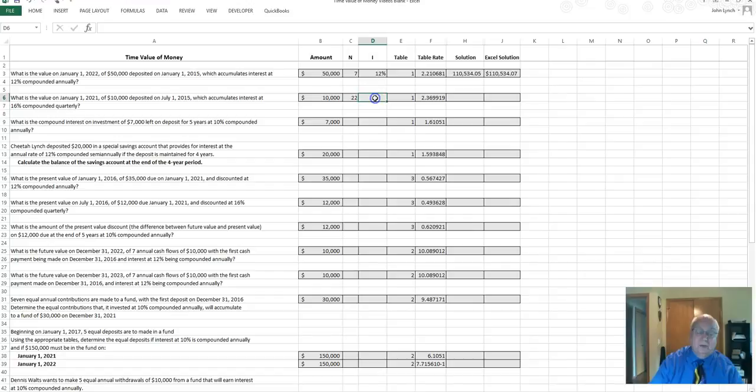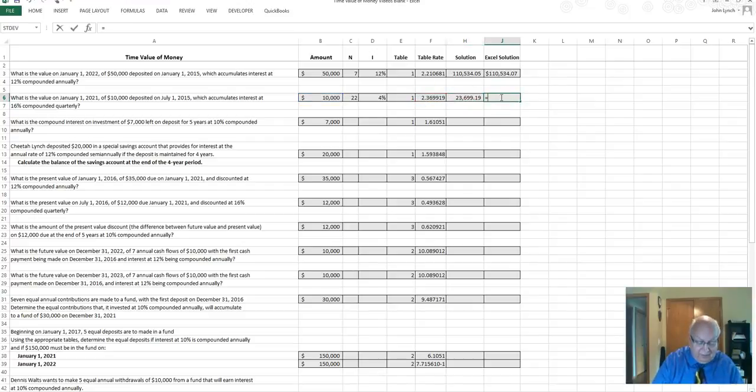So that's 22. The interest rate will also be 16%, but divided by 4 because it's done quarterly. So for this one, you want to look at 4% on table 1, 4%, 22 payments. Okay, so then I'll multiply those two out. So we have the 10,000 times the 2.3, and you get 23,699.